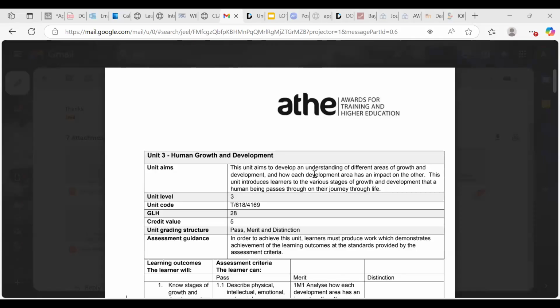This unit will introduce learners to the various stages of growth and development that a human being passes through on their journey through life. When you're done with the unit, you either have a pass, merit, or a distinction based on your assignment that you will submit later on after we discuss it.